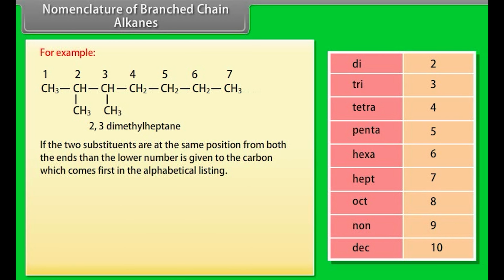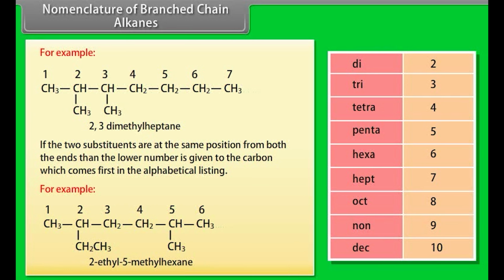If the two substituents are at the same position from both the ends, then the lower number is given to the carbon which comes first in the alphabetical listing. For example, 2-ethyl-5-methyl hexane.